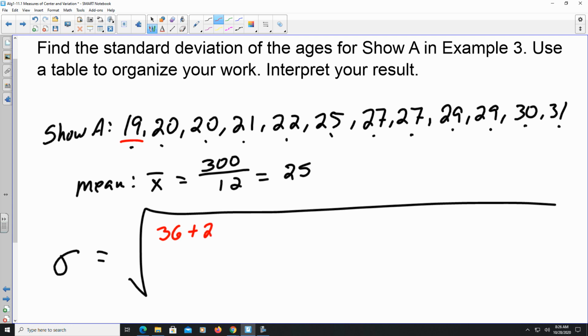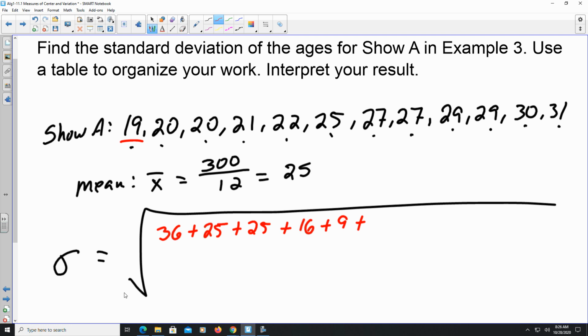Square that, 25. Plus, it'd be the same thing, so 25, plus 21 minus 25 squared, that'll give us -4, and then squared, so it'd be 16. Plus 22, that'd be -3, and then squared would be 9, so we got 9.